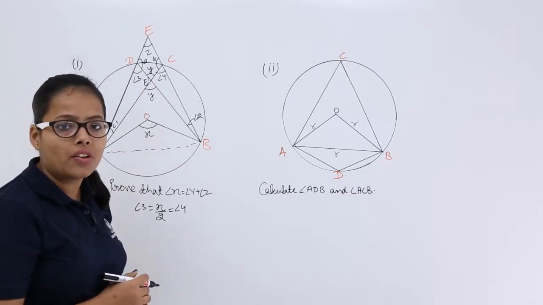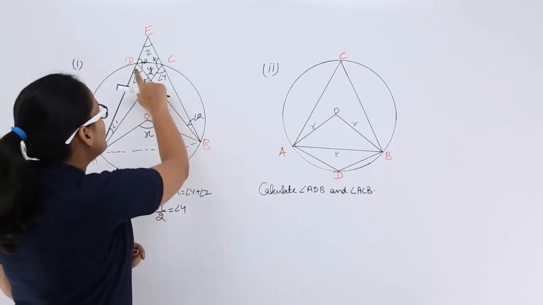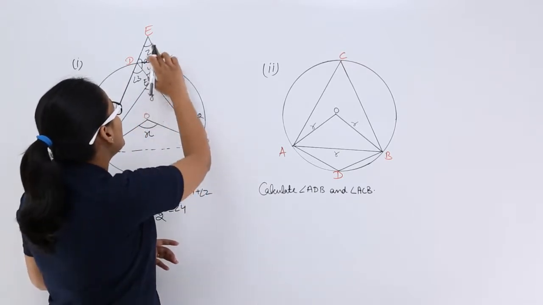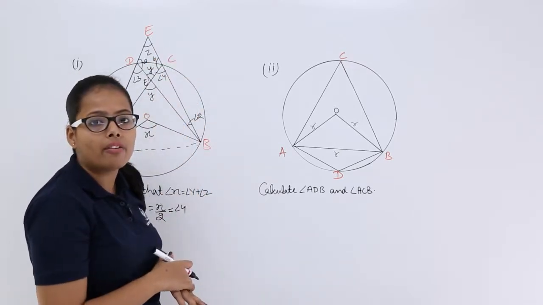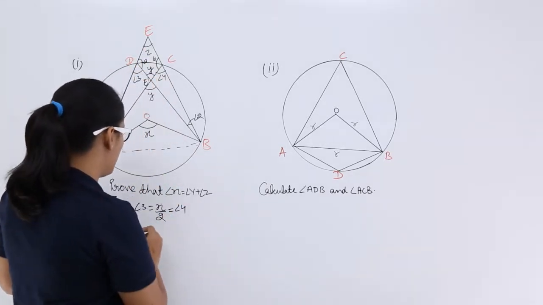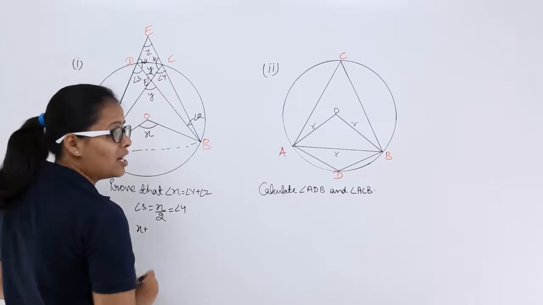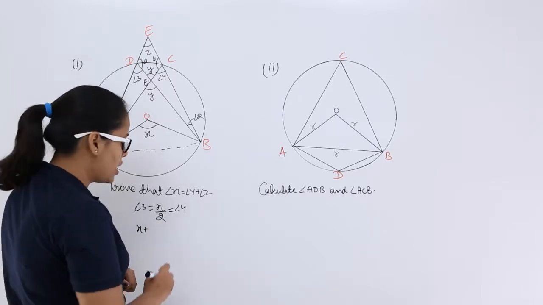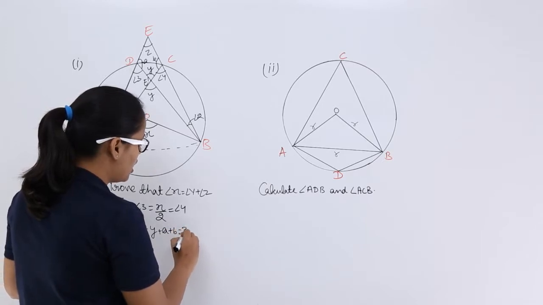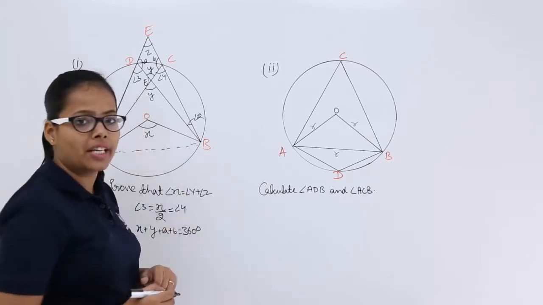This is a quadrilateral. You can easily see here that a quadrilateral has 4 sides, and D, E, C, E dash also has 4 sides. So in this quadrilateral, the sum of angles is equal to 360 degree. So x plus y plus a plus b is equal to 360 degree.